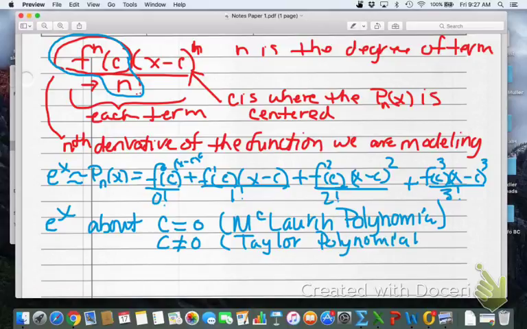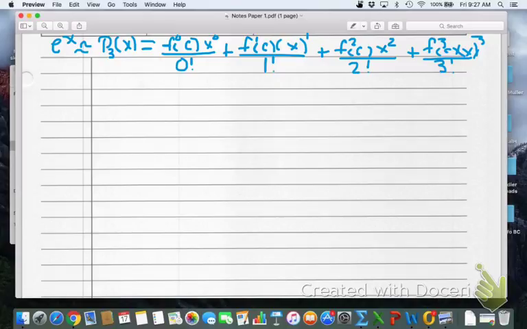Okay, since we're running out of room on this little page, we're going to use this formula, and I'm going to go to the next page, and then we're going to fill it in. Okay, so now we have a new page, and what I did here was I rewrote what we had before, except where I had x minus c, since c was 0, instead of x minus c to the n, it's now just x.